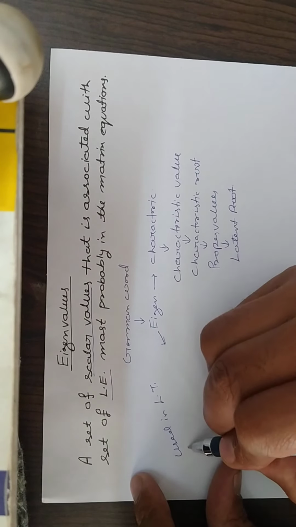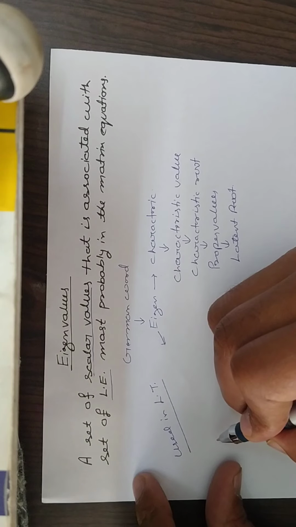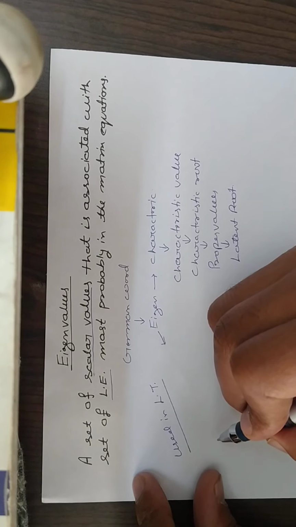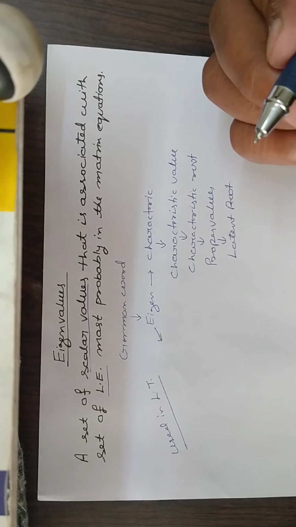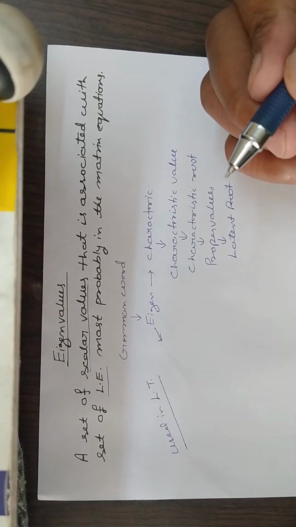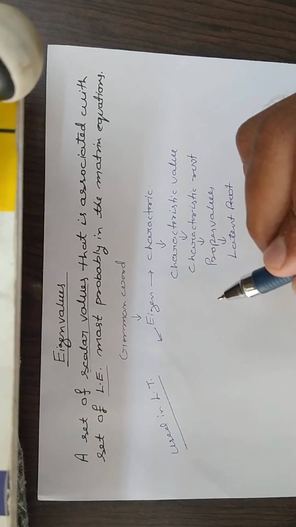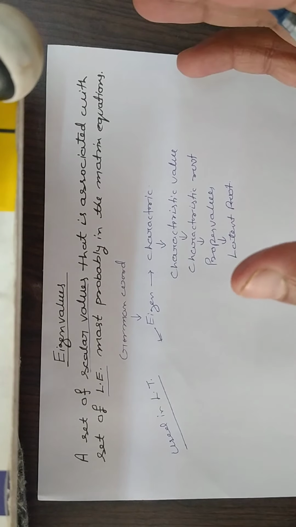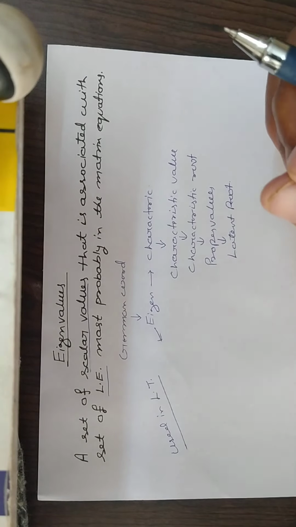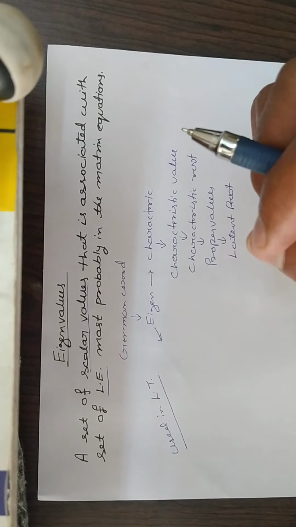For example, suppose that we have a negative eigenvalue, then the direction of the transformation is negative. And if we have a positive eigenvalue, then the direction of the transformation is positive. So this is a very clear concept: eigenvalue is useful in linear transformation.